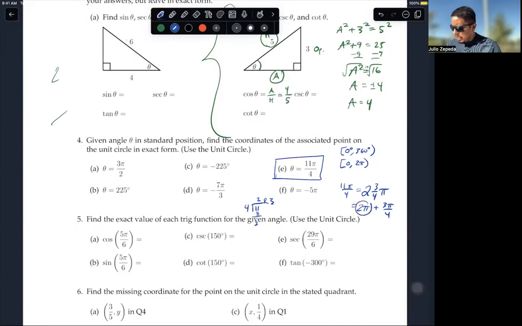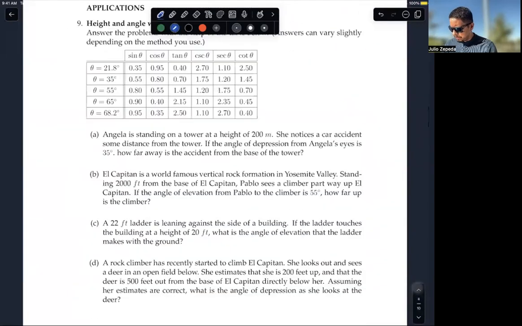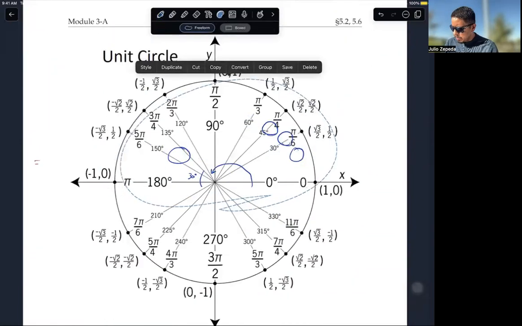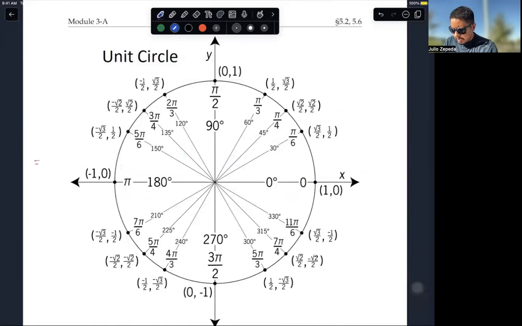So there is a whole rotation of 2 pi that we can eliminate, because that would just give us a coterminal angle. And so we can really just look at the angle 3 pi over 4 and find the associated point for that angle, and that would be the same as for 11 pi over 4. Let me demonstrate that here on the unit circle. So 3 pi over 4 is this angle here.